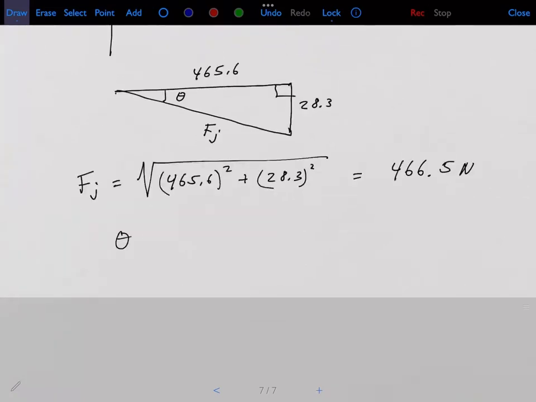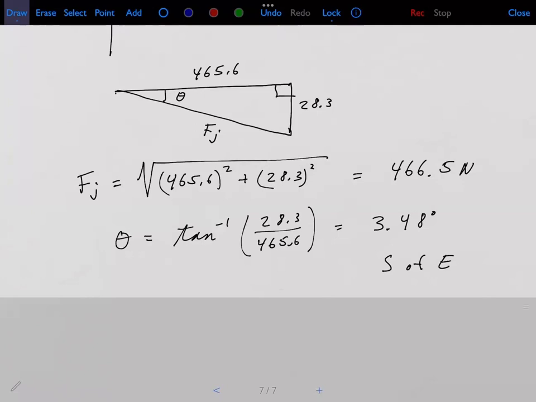Now, they didn't ask for the angle, but we could also get the angle by using inverse tangent. So this angle theta is going to be the inverse tangent of opposite over adjacent. So 28.3 over 465.6. And that turns out to be 3.48 degrees. But because it's in the fourth quadrant, you have to give more information. So we would just say south of east.